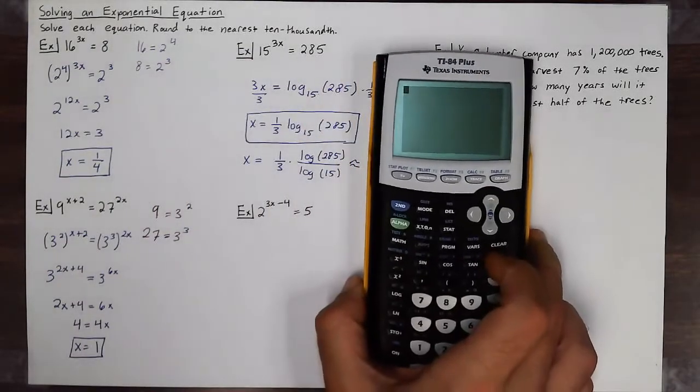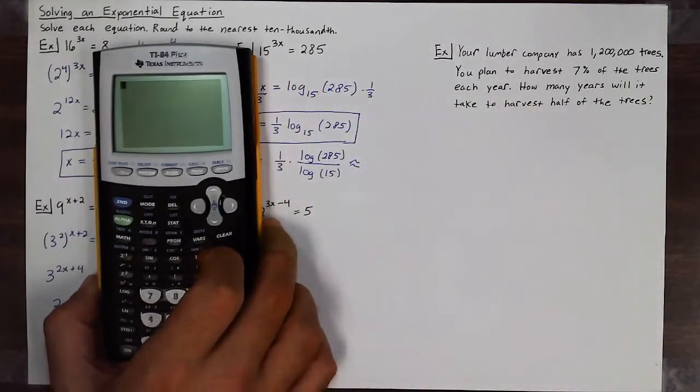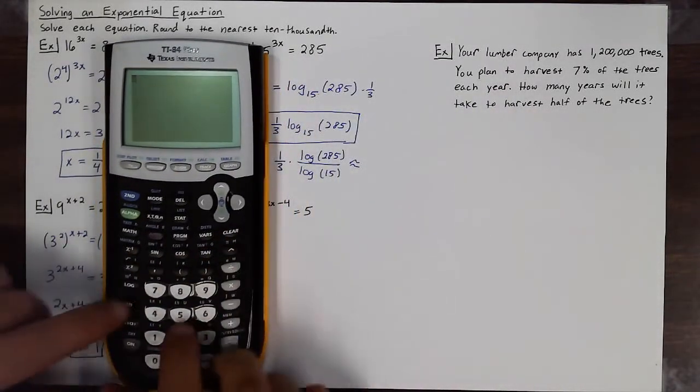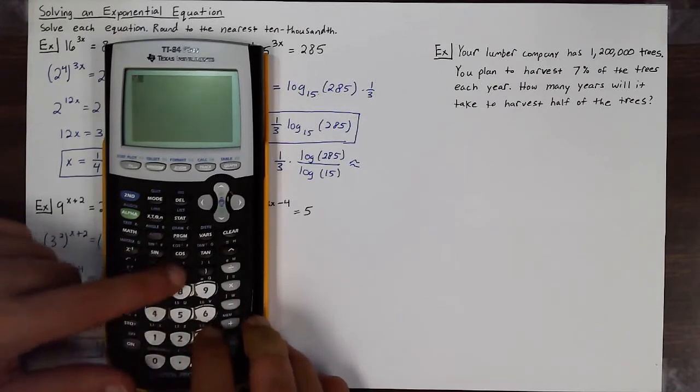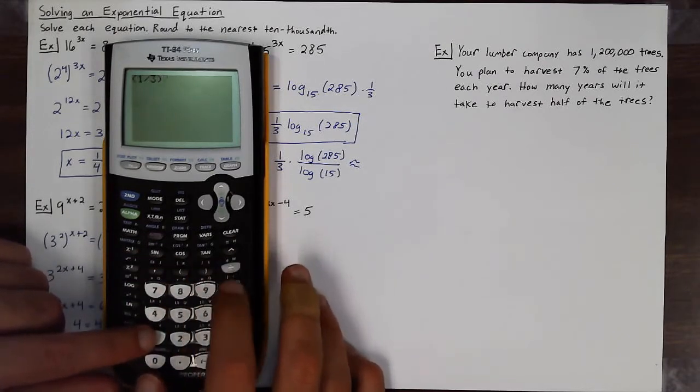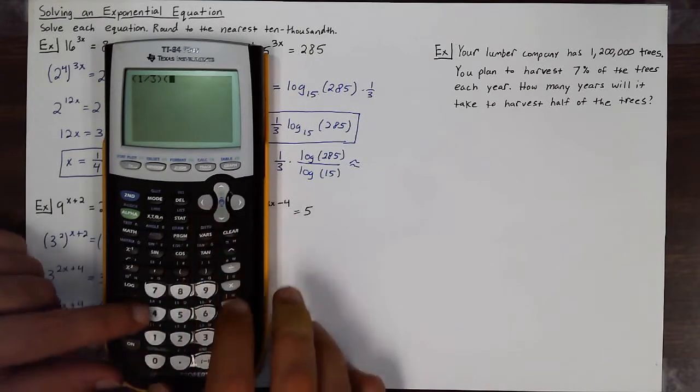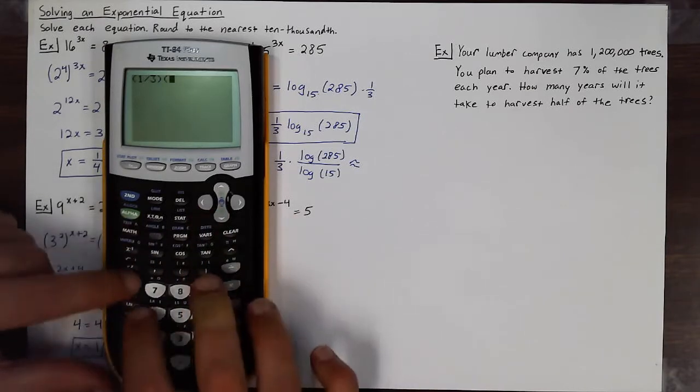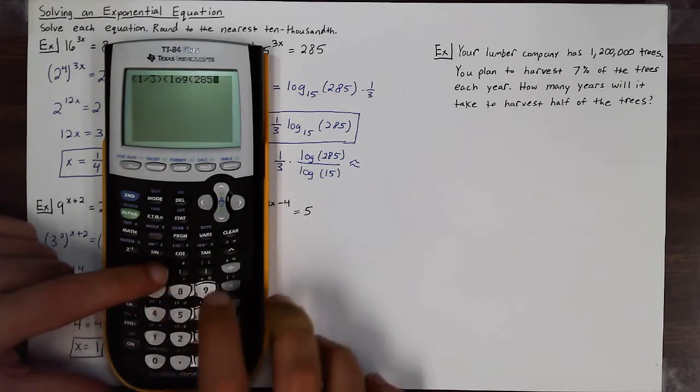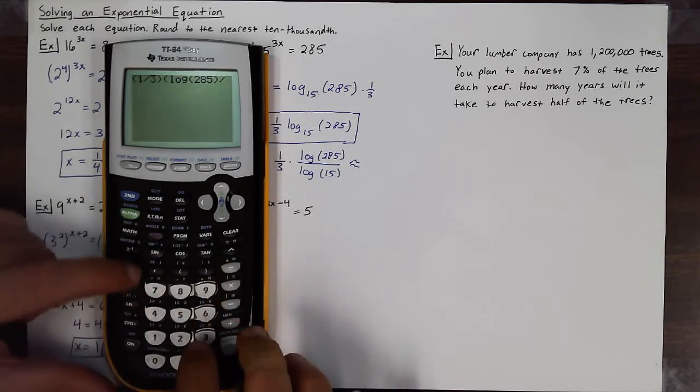So I'll take a calculator, and I'll plug in 1/3 times log of 285 divided by log of 15.